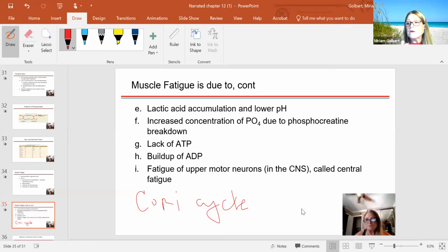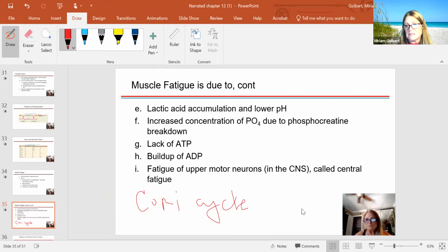But the Cori cycle, which metabolizes lactic acid and transforms it again into glucose, takes about 24 hours for us to do. So that's the reason I explained before that you don't want to exercise the same muscles every day, because you need to allow that 24-hour rest so that we can do the Cori cycle and get rid of that lactic acid.